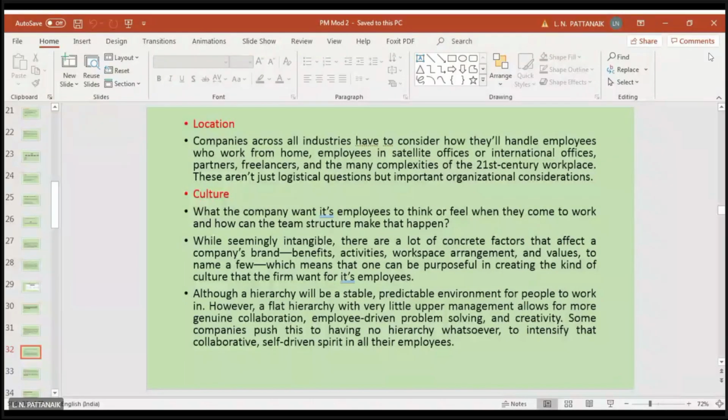To have good control over them, because they have to report and you have to check their performance, whether they are working or not, and what their output is, you have to design the structure in such a way that you can monitor and control the whole workforce properly, because your employees are not staying in a single location, they are spread across.